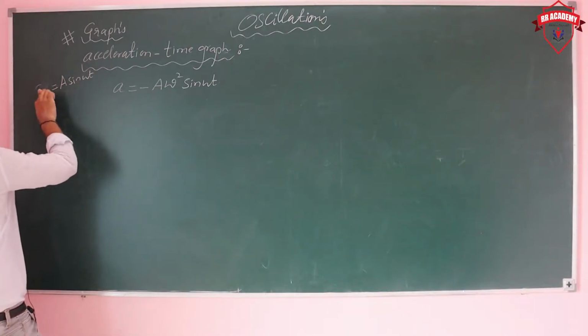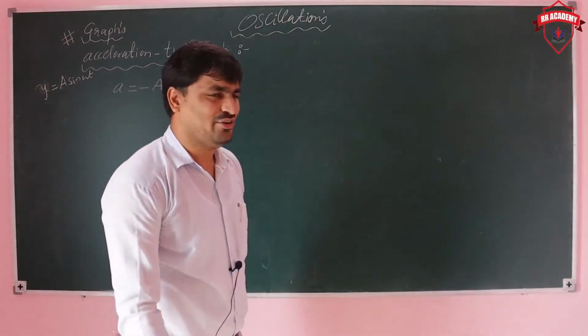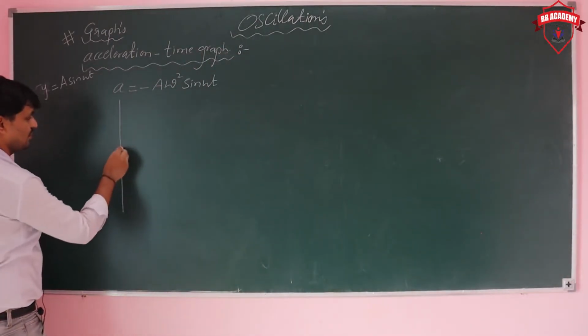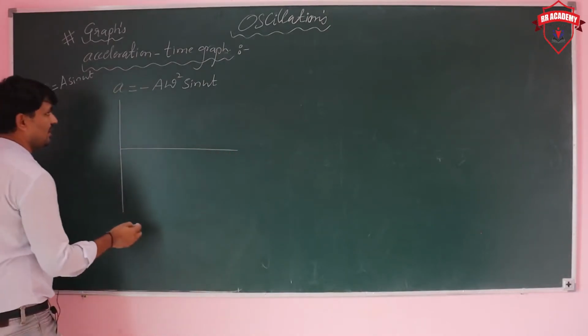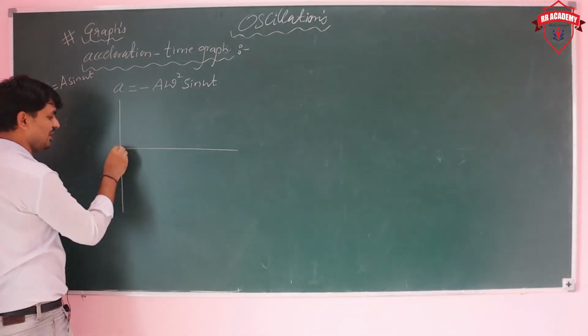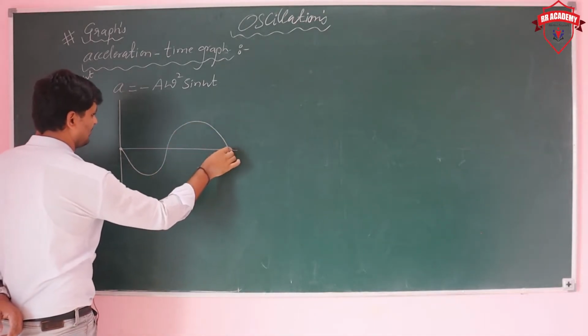So this is also in the sine function. Now see what graph we are getting. Since it is a sine function, it starts from mean position with acceleration 0 and goes negative, and it goes like this.